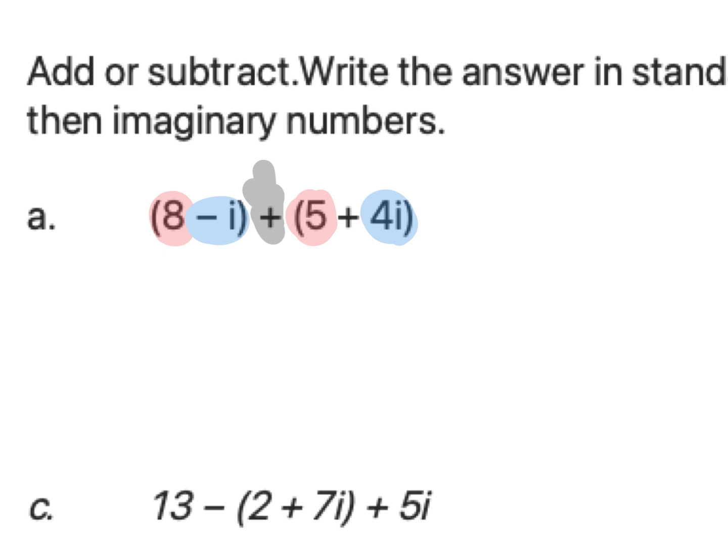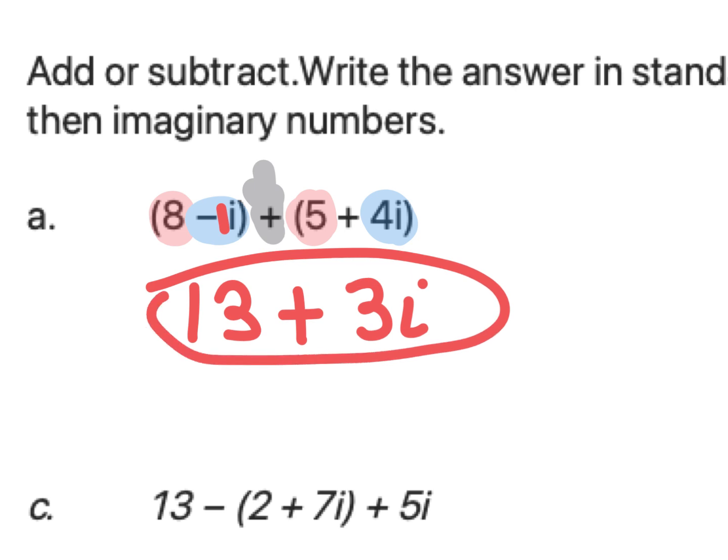So if we put together our real numbers, we're going to have 8 plus 5 is 13. Plus, we'd have negative i, so that's like negative 1i, plus 4i is 3i. And when we write our answers, just for the sake of consistency, we are going to put the real first and our imaginary second.